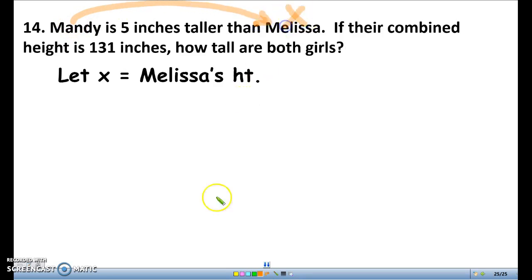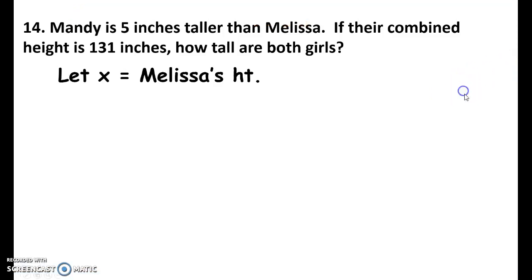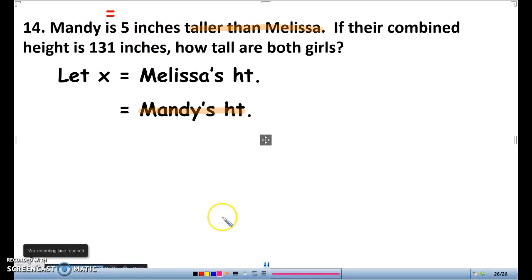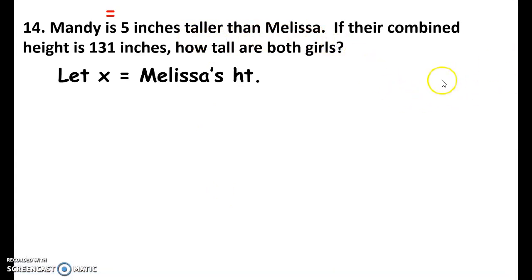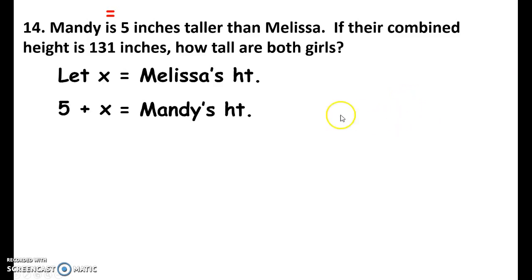So Melissa is the variable. If Melissa is x inches tall, then what is Mandy's height? Yeah, Mandy's height is taller than Melissa. So, Mandy's height's going to be 5 inches taller than Melissa.